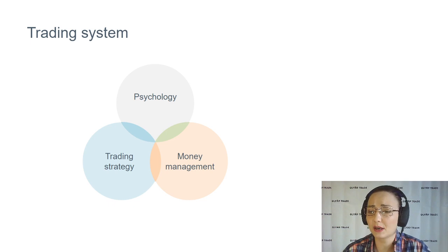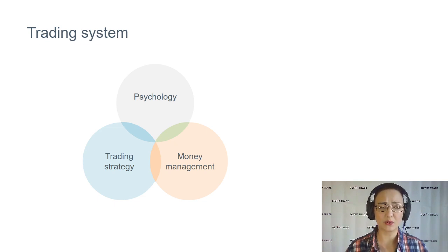Another thing that I would like to mention is that everyone's trading strategy, trading plan, trading system is going to be different. We are all different. We have a different approach to trading, and this is fine. We just have to understand that we have to make a trading system that's perfectly suited for each of us individually.